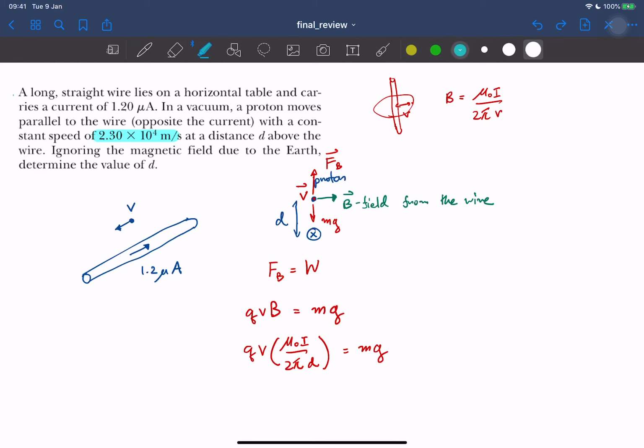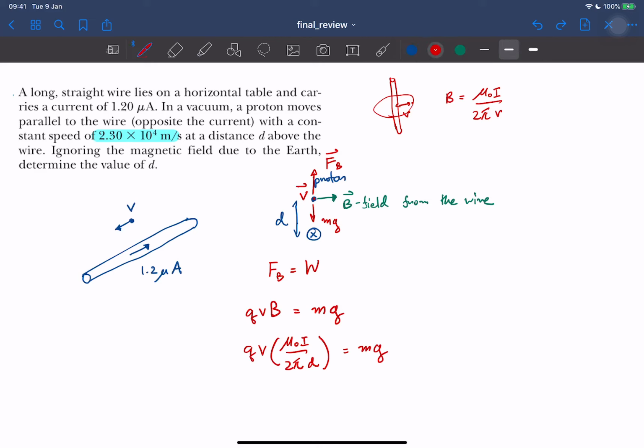Let's check if we know everything. We know v, it's given here. We know I, it's given here. We know g, that's 9.8. The mass of the proton we know. The charge of the proton we also know. And mu0 is a constant called the permeability. You can look that up in the lecture, but it's a known number. So in principle, you know everything.